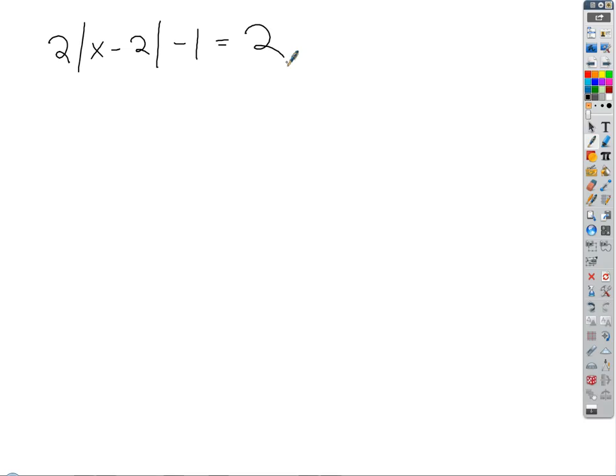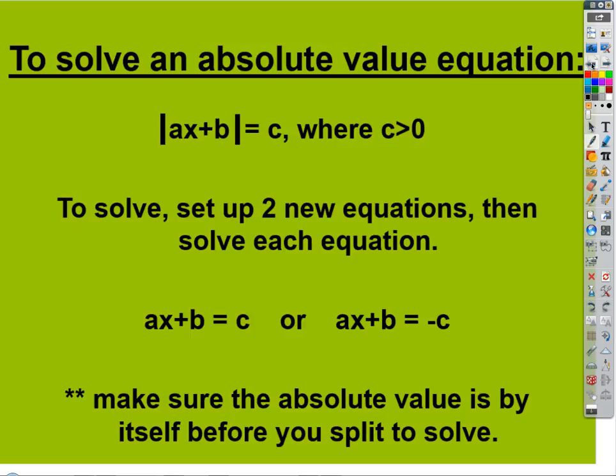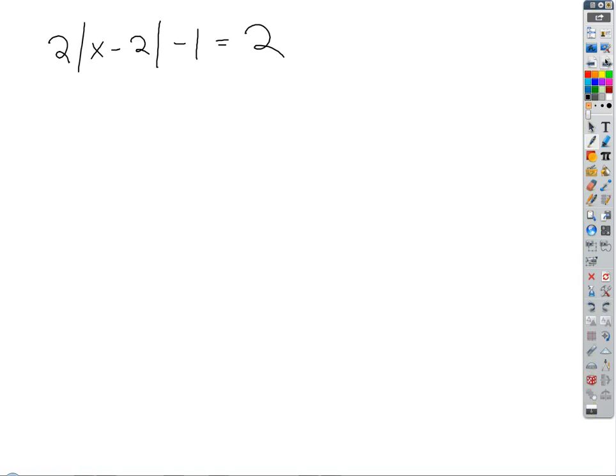We want to make it look like that. So what's that involve? What do you think, Sam? So we're going to add one, and then what next? Then divide by 2, right? Okay, and a way of thinking about that, if you want to articulate a strategy, is you're just going to isolate the absolute value bars, aren't you?